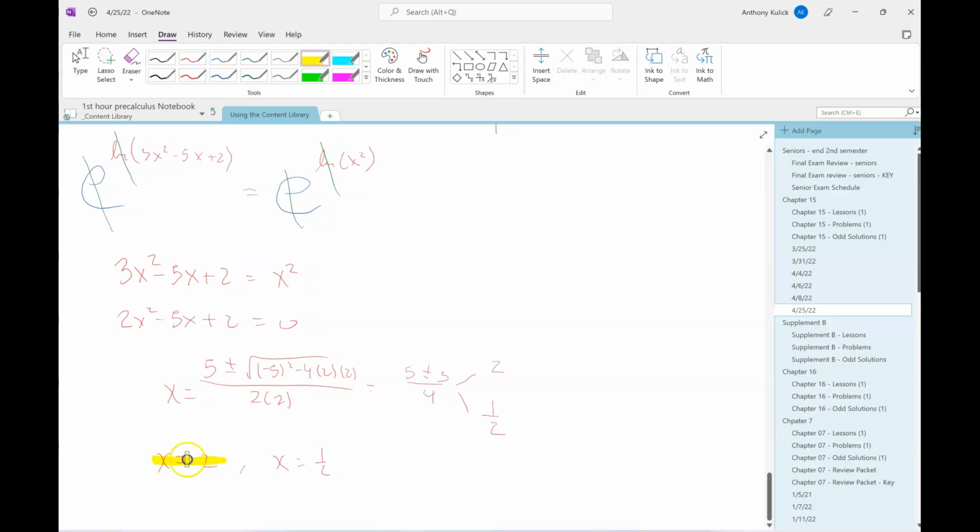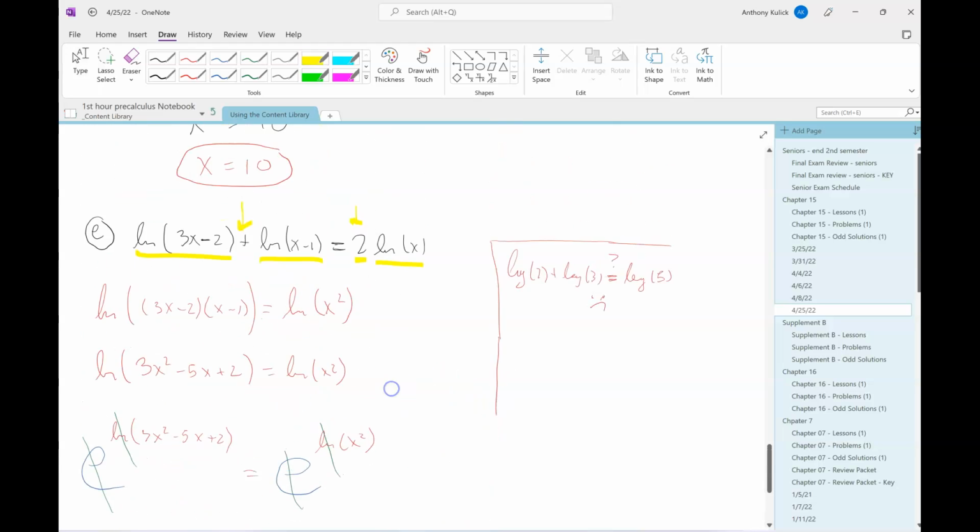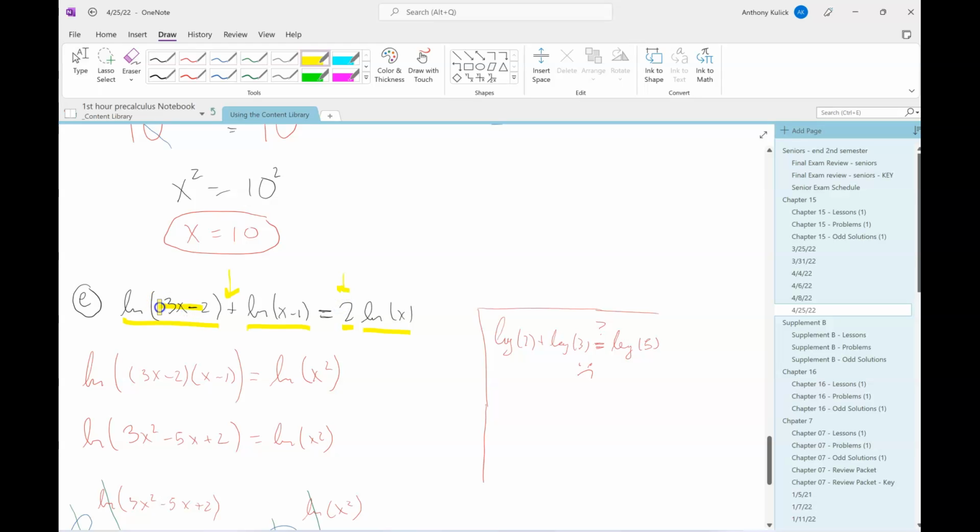So if I check 2, all I need to do is go back to the beginning, and check that when I plug 2 in for x, the answer is positive. So 3 times 2 minus 2, positive. 2 minus 1, positive. 2, positive. 2 works, no problem.